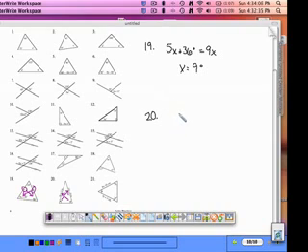So we could write an equation saying 8x plus 12 inches is equal to 12x minus 18 inches. When you solve this problem, you should get an answer of 7.5 inches.